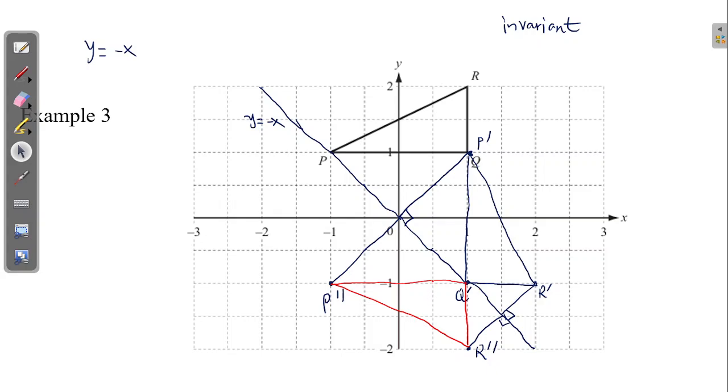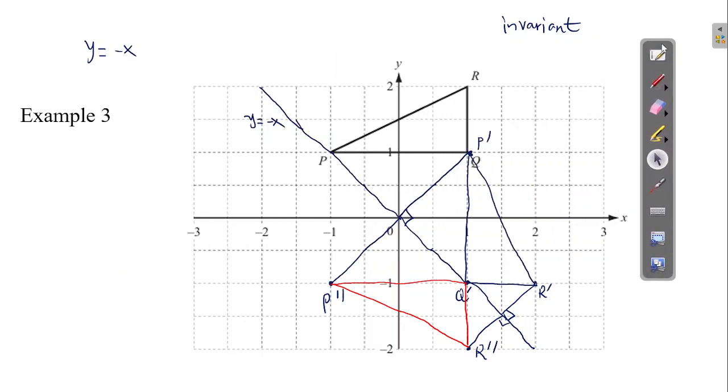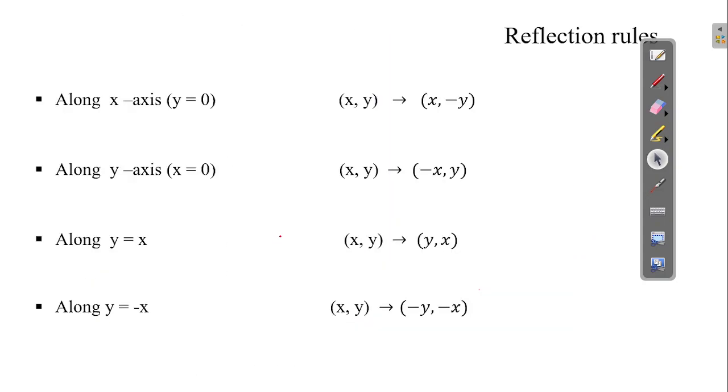Now, let's look at how we can also solve this reflection part by using reflection laws. Instead of me doing this whole thing, I can use this law. That's the essence of this law, right here. Now let's apply it.